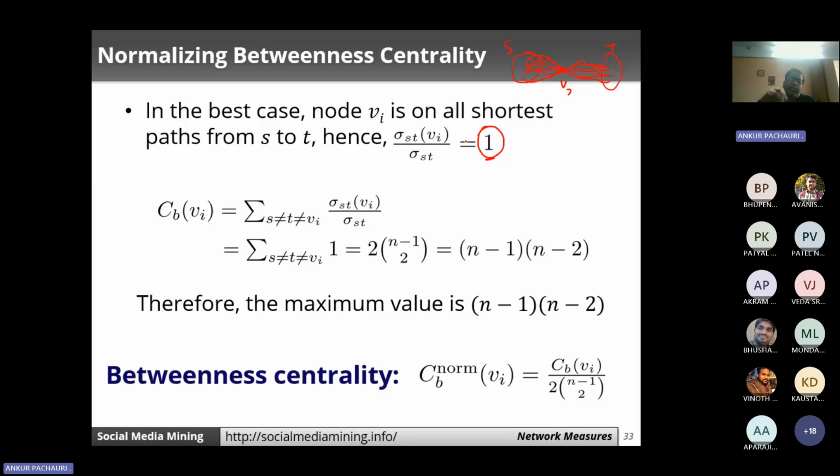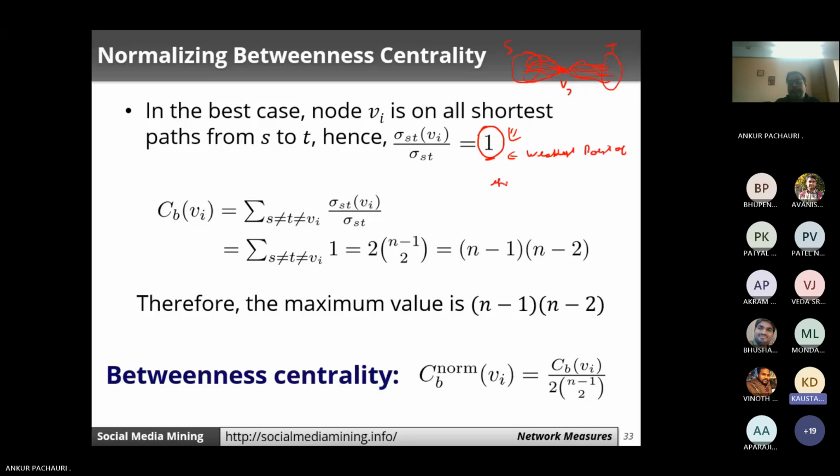That means it is part of all the paths from one node to another node of the graph. In this case, it may give you a feeling that it is a very important node. But actually, graphically, this is the weakest point of the graph.